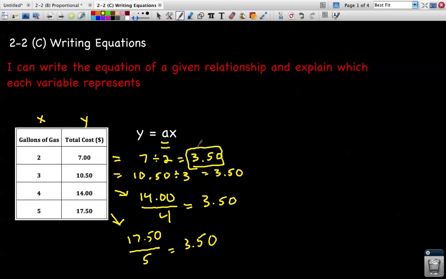All I have to do is plug that into my equation y equals ax. So my equation for this table would be y equals $3.50 times x. My output, my y, is going to be equal to $3.50 times how many gallons of gas I'm putting in, and that's how I figure out my total cost for how much I'm spending on gas.